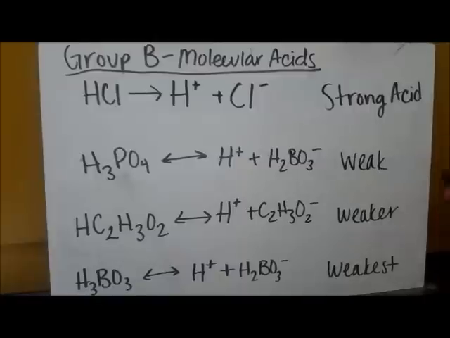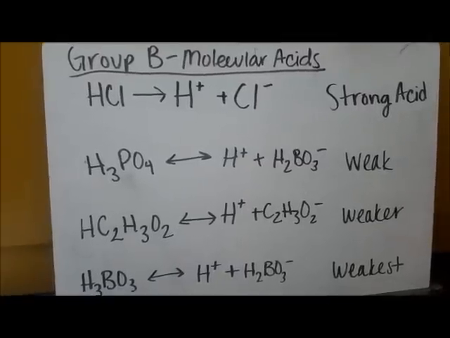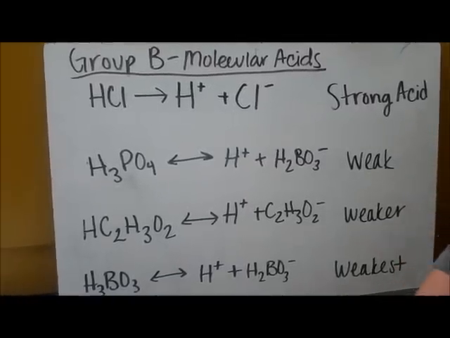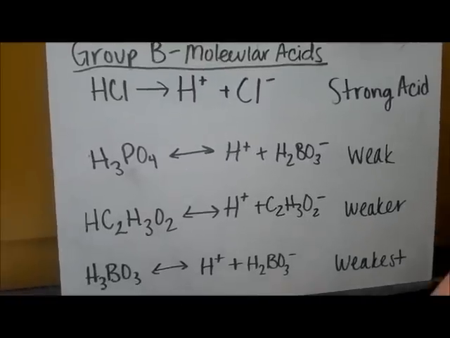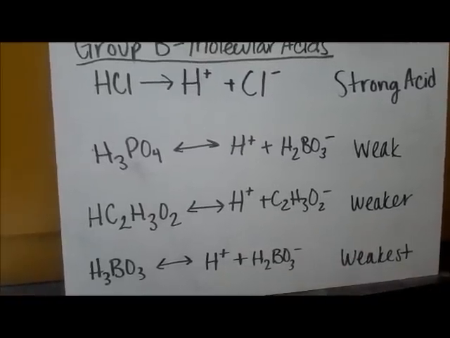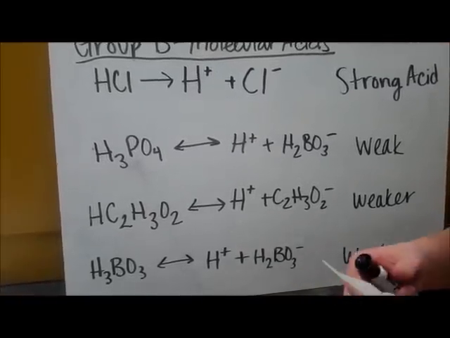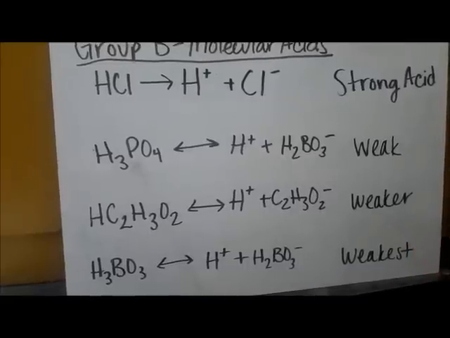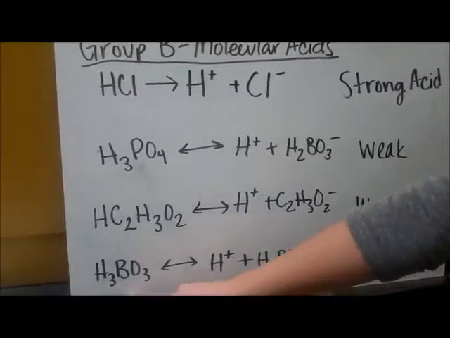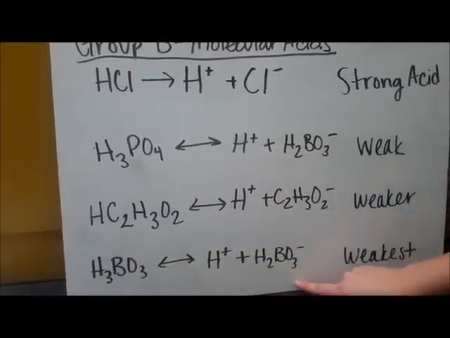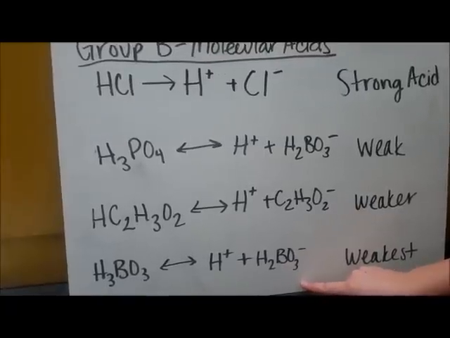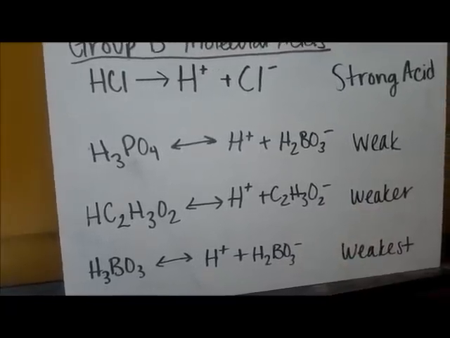The other acids are all weak acids, which means that they only partially dissociate in water. So you're going to get fewer ions, which means a slightly lower conductivity value. The H3BO3, which is our weakest acid, produced the weakest conductivity value of the group.